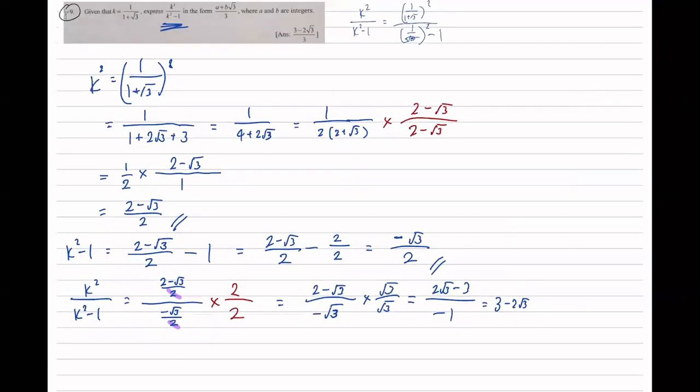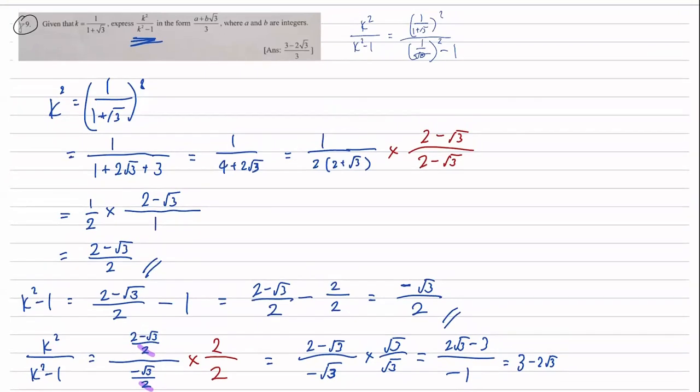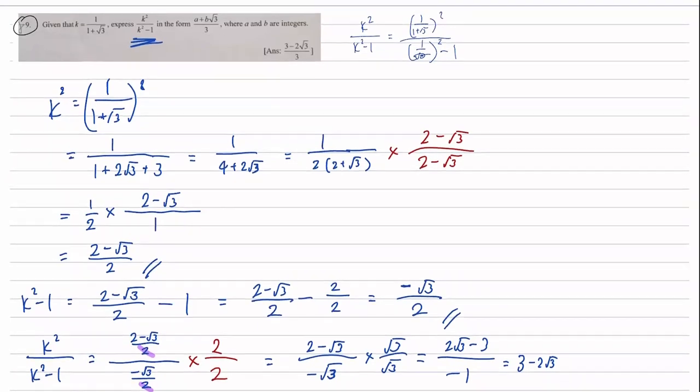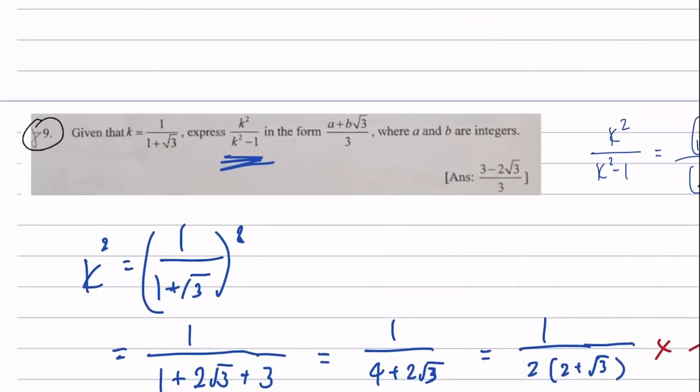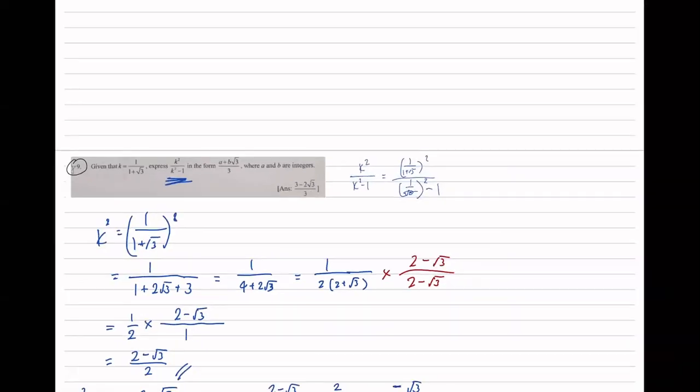All right. Did I do something wrongly? Let me just double check. I missed out a factor of 3. If you look at the answer, 3 minus 2 root 3, there's a divide by 3. I did something wrongly. Uh-oh.